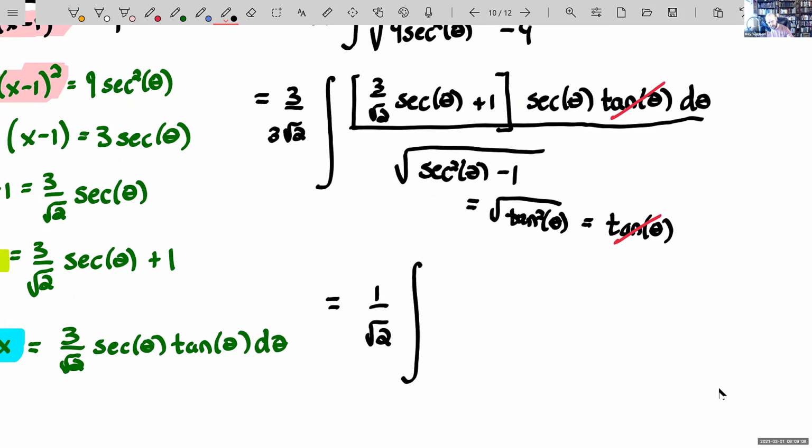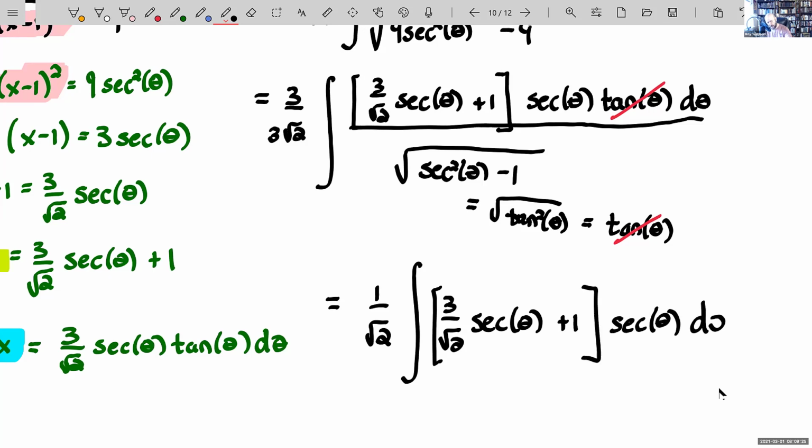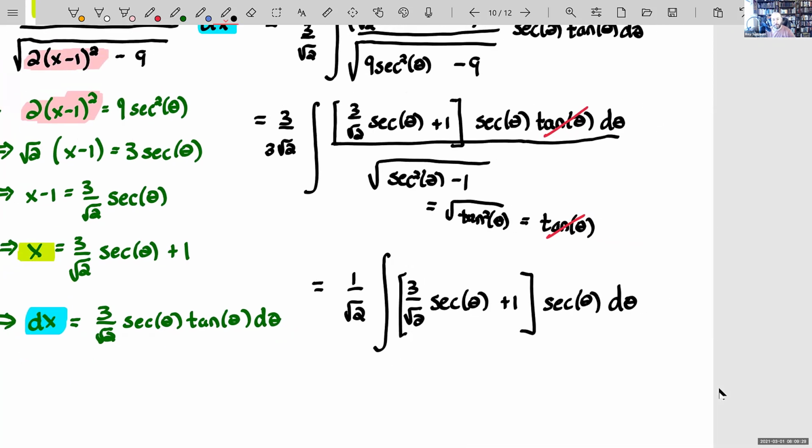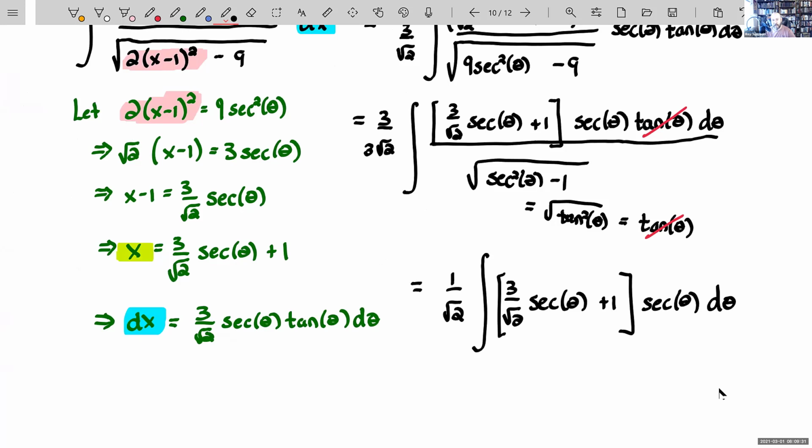integral of, let's see, 3 over square root of 2 times the secant of theta plus 1 times the secant of theta d theta. The integral actually looked pretty terrible for a while there, but now you can see it's actually somewhat doable.